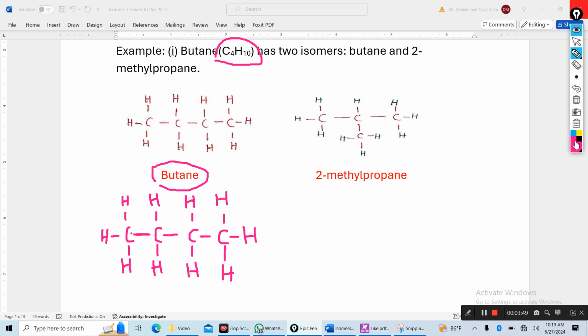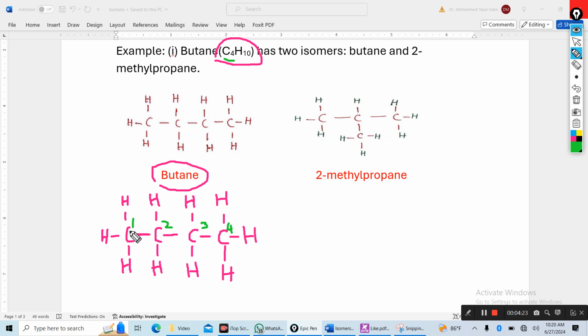Now you see this compound has molecular formula C4H10. And you know what molecular formula is? Molecular formula shows the whole ratio of atoms. Butane has 4 carbon and 10 hydrogen. Now how can you draw another isomer of butane?